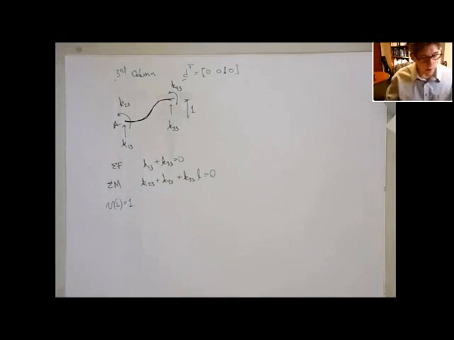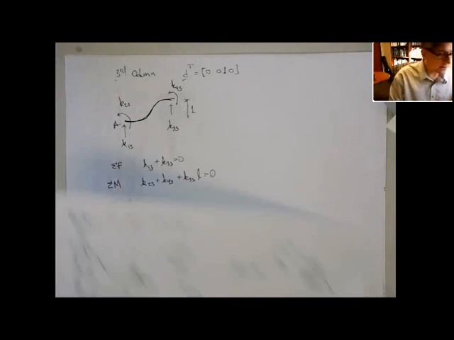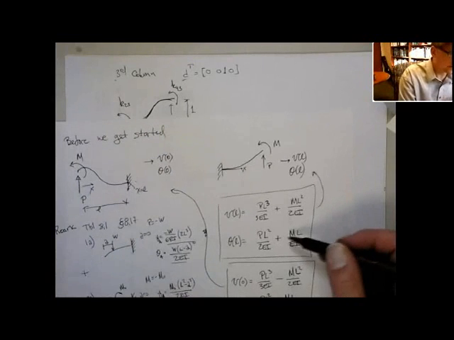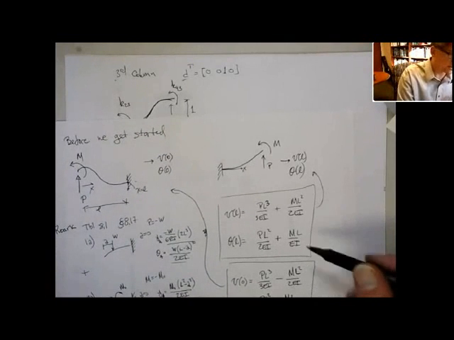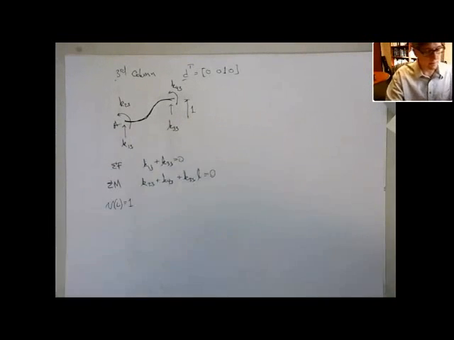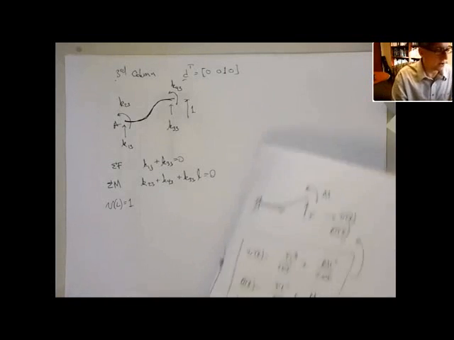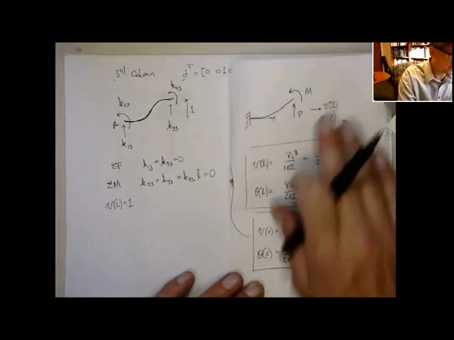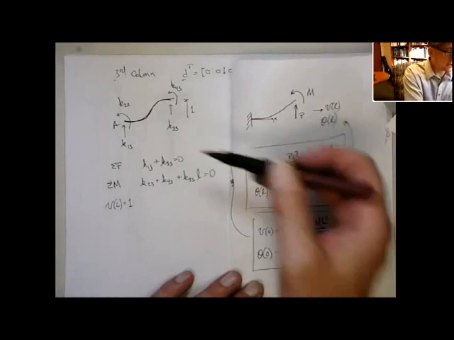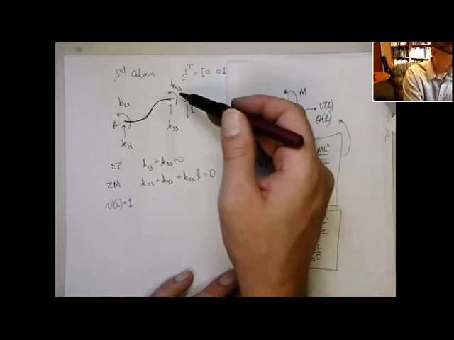All right? So now when I do this, since the beam is flipped, I have to go back and look at these equations, which are almost the same. It's just some of the signs have changed. If we're doing this one, here you can see that P is going to be K33 and M is going to be K43.